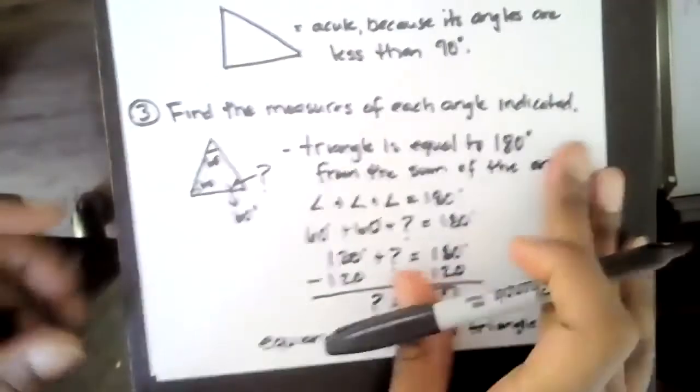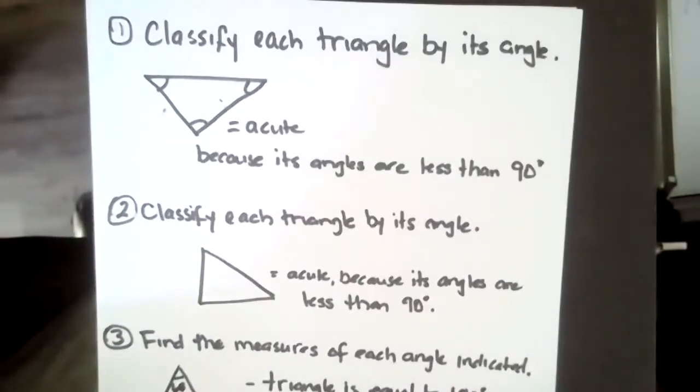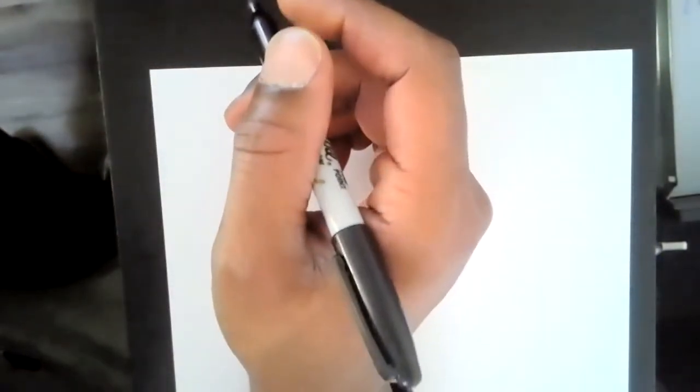Let's try another one, excuse me. We have number 4, which is the same type of question. Find the measure of each angle indicated.